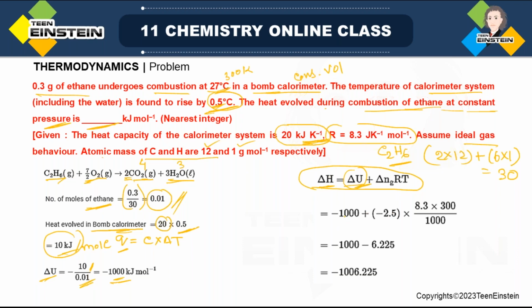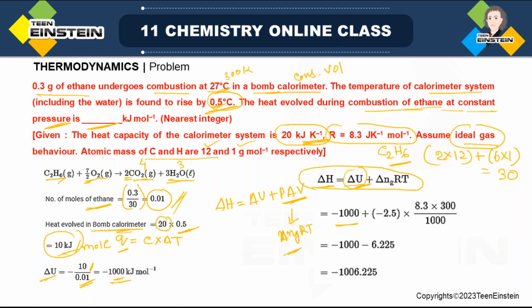Normally we write del H equals del U plus P del V. But as it is mentioned here that it is an ideal gas, instead of writing P del V, you can write del Ng RT, because PV equals nRT. So that is why P del V we can write in this form.